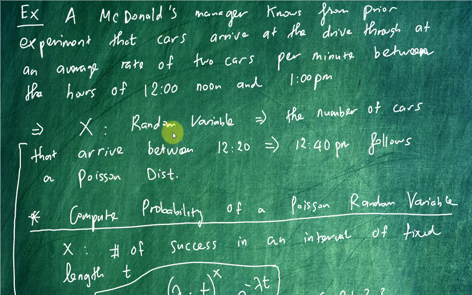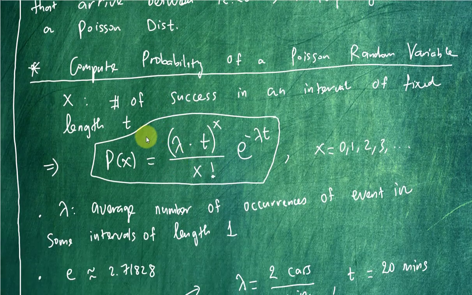So make sure you pay attention to the interval given in the problem, and we can apply the Poisson probability distribution. Okay, the next objective is to compute the probability of a Poisson random variable. Now let x be the number of successes in an interval of fixed length t.